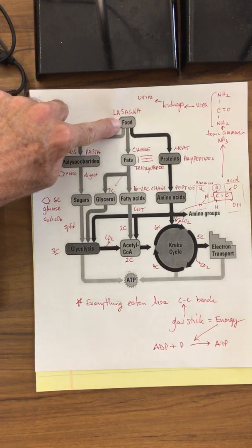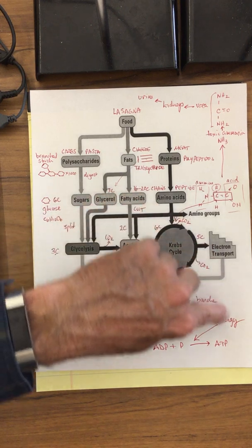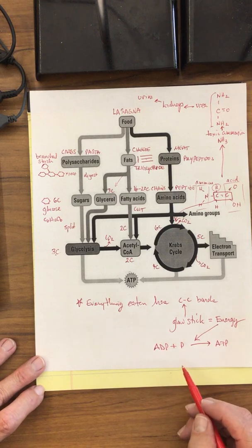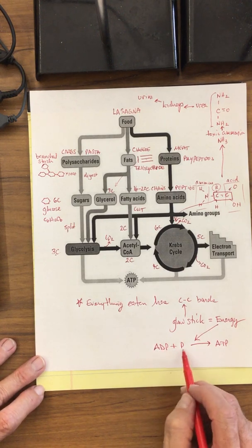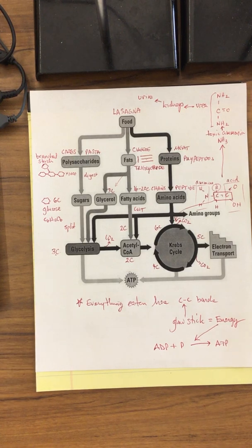So anything that we eat in terms of food ends up in the Krebs cycle. The Krebs cycle creates energy, which powers the remanufacturing, the reassembly of the ADP and the phosphate back into ATP, so that we now have another source of energy to power our muscles, to power our brains, to power our nerves, to actually just power the cell to do normal cellular functioning. So that's it. It ends here. It ends with food.